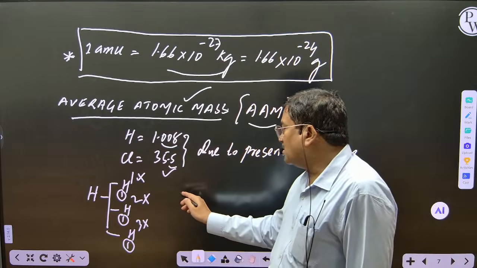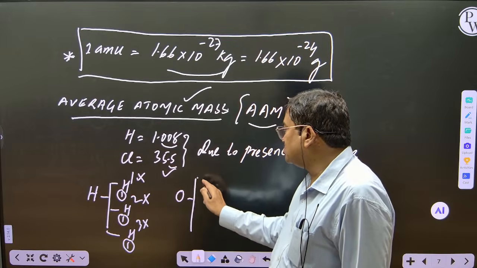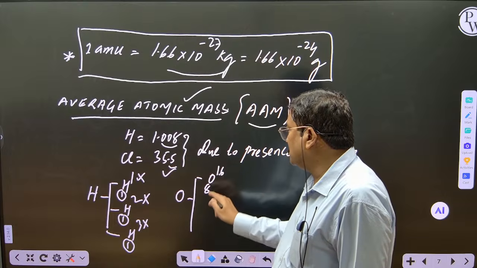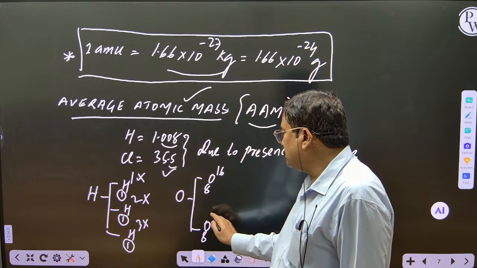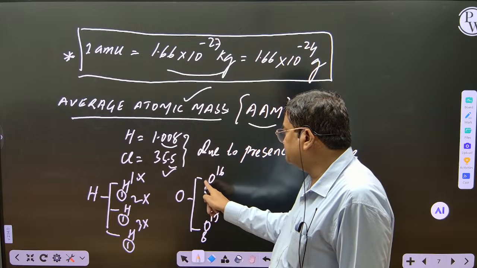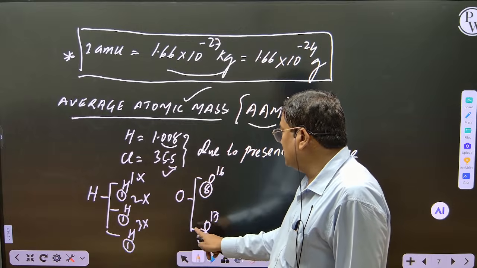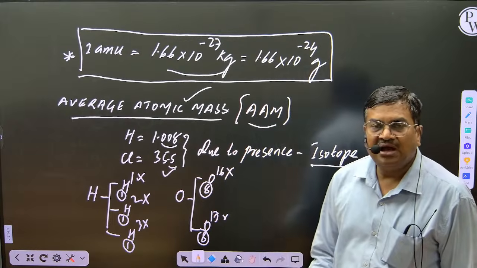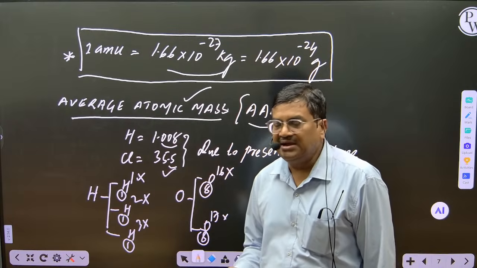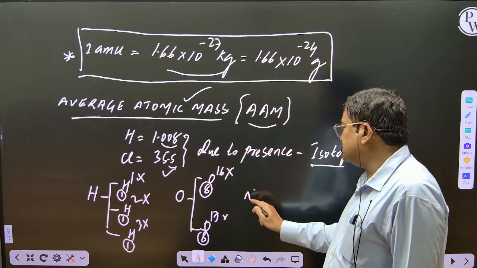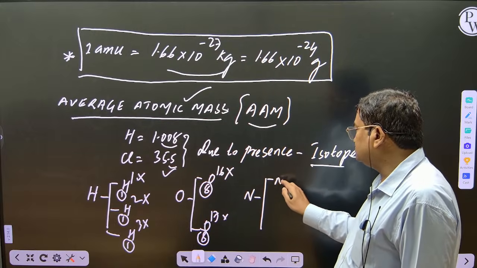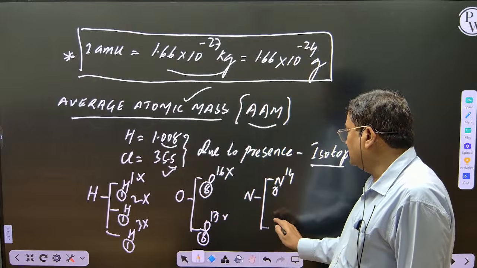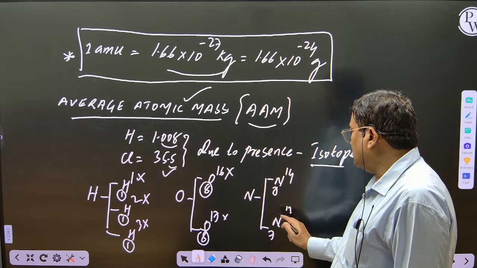Same way, oxygen has isotopes O-16, O-17. Atomic number is the same, but mass number is varying. Like this, every element will have isotopes. Same way, nitrogen has N-14, N-13.